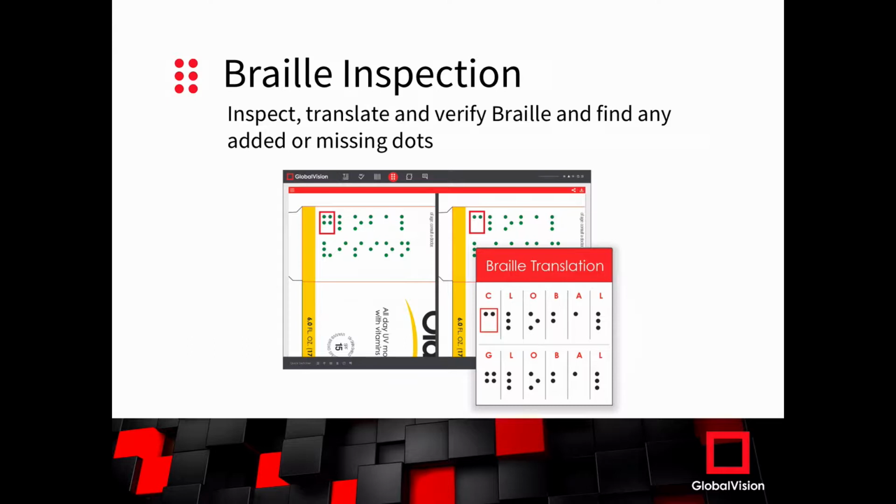Well, GlobalVision can do a lot more. It can translate instantly. It can tell you which dots are missing by comparing, once again, your master file to your sample file, and tell you, oh, these dots are missing, these dots have been added, your result is now this. It can also tell you the size of the dots, the space between the letters. For all of these things, there are standards, there are rules.